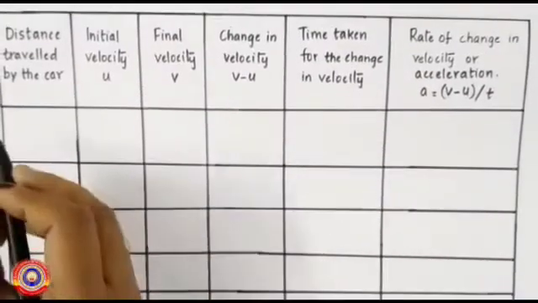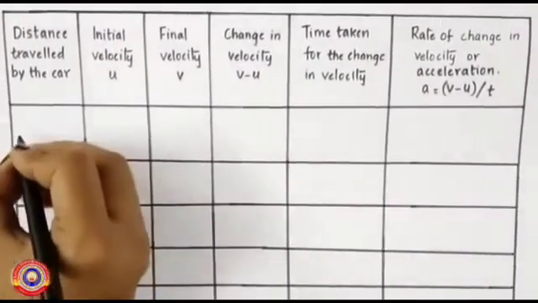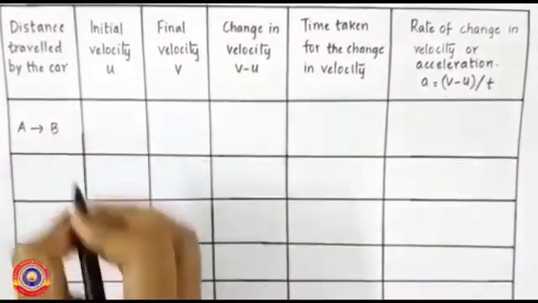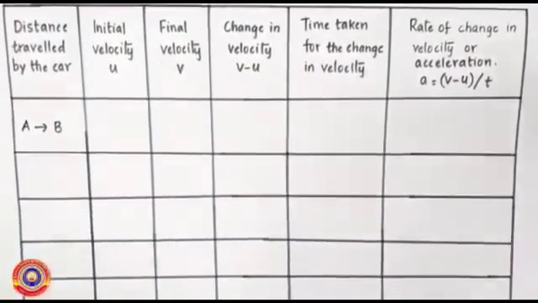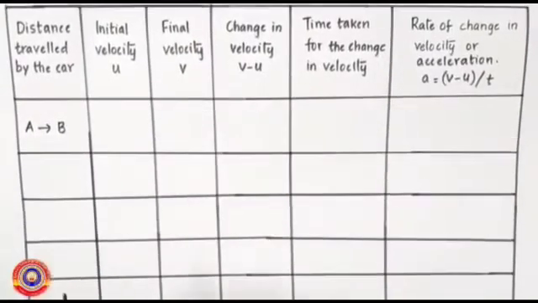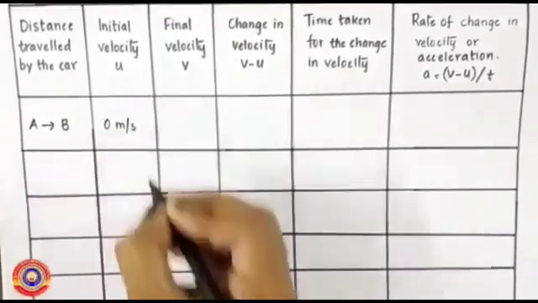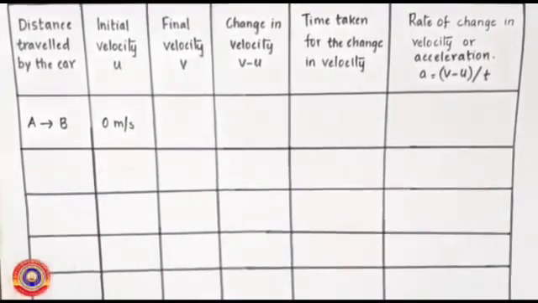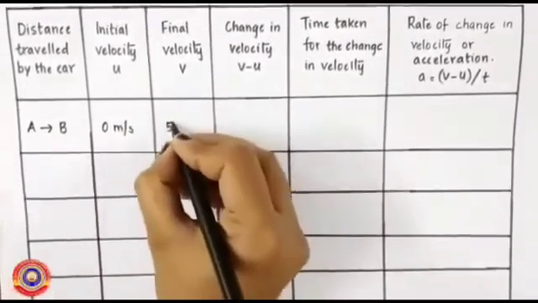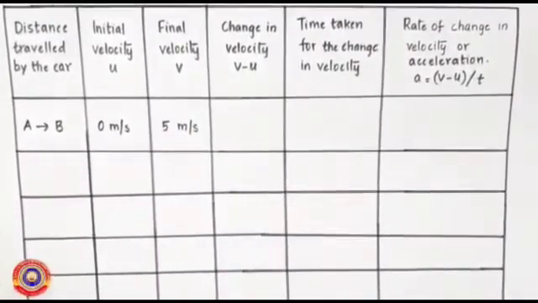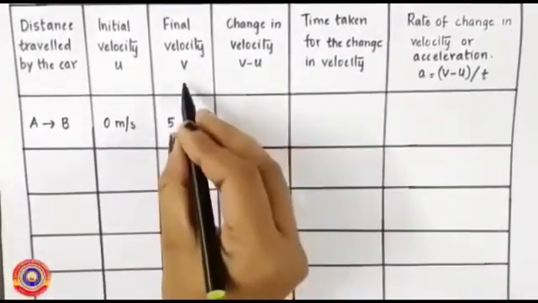Based on this, let's complete the table, and it is in your textbook. Consider A to B. Initial velocity is 0, as the body has just started its journey. And the final velocity, that is the velocity when the body reaches the point B, so the final velocity v equals 5 meters per second.